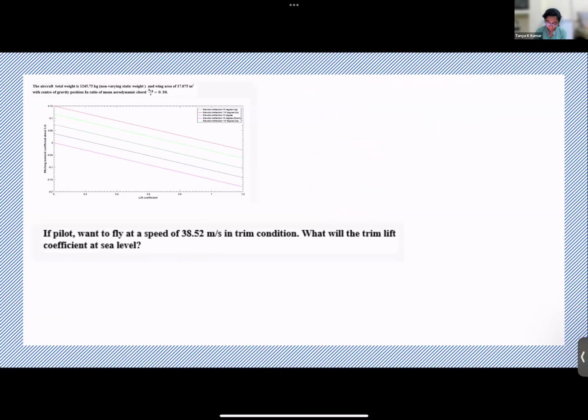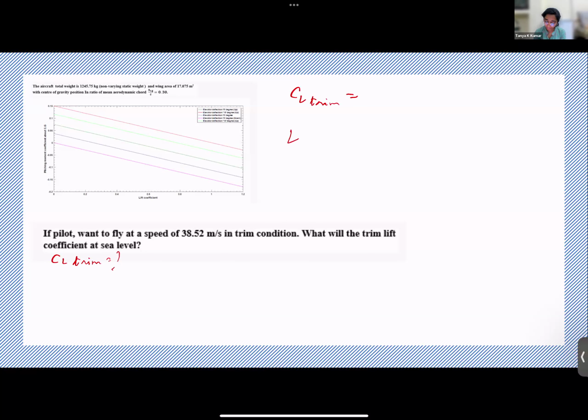If a pilot wants to fly at a speed of 38.52 meter per second in trim condition, what will be the trim lift coefficient at sea level? They've asked you for CL trim. Try doing this. It's very simple, right? You don't even need the graph for this. CL trim, what was the formula?